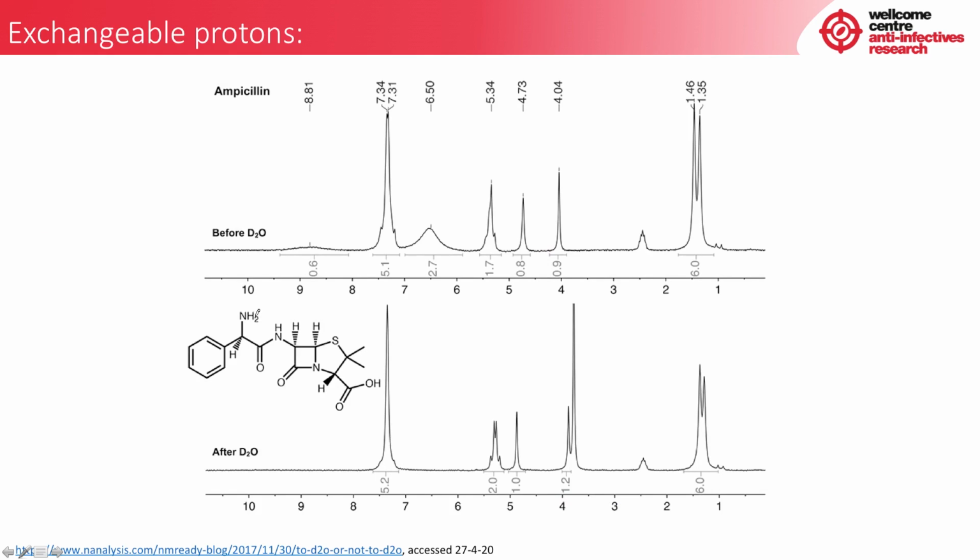And this is a bump in our baseline, which may or may not be a signal at all. But we can see after exchanging with D2O that both of these vanish, and we are able to say that those signals were exchangeable protons, and in fact we have our amine and our acid.